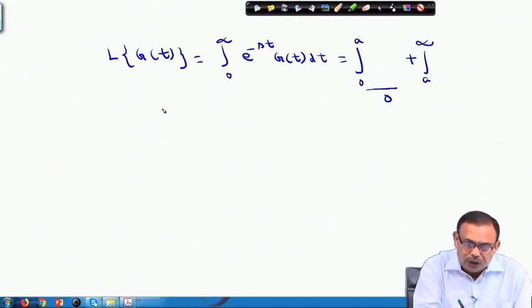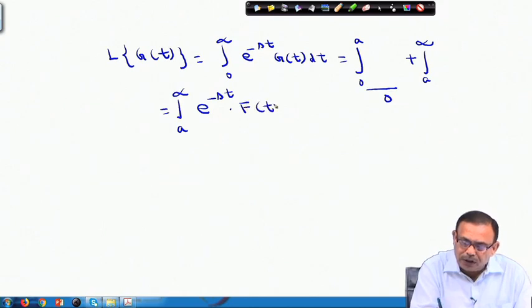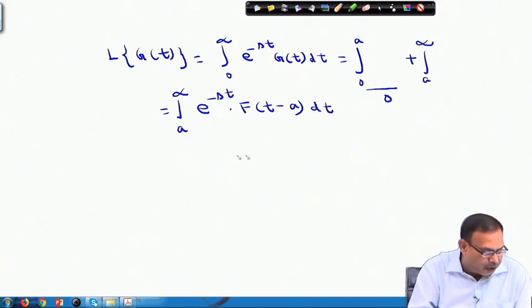So this equals the integral from a to infinity of e^(-st) f(t minus a) dt, because g(t) equals f(t minus a) for t greater than a.